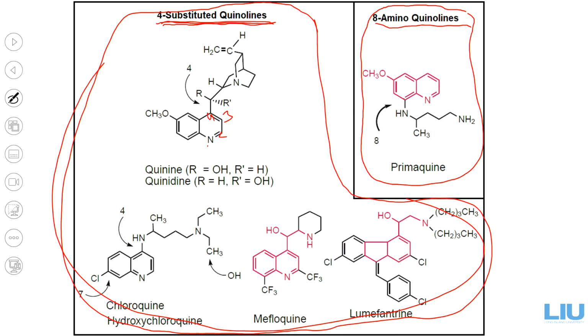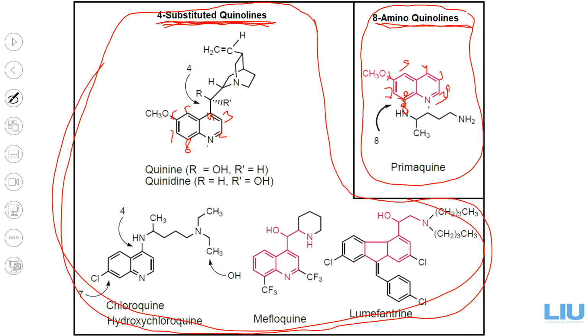If you continue, there is 5, 6, 7, 8, and that's where the 8 comes from. So just by looking at the structure and counting from the nitrogen in this direction, you could tell whether it's a 4-substituted or 8-amino substituted quinoline. Make sure you differentiate between these two categories, because that's going to affect the mechanism of action.